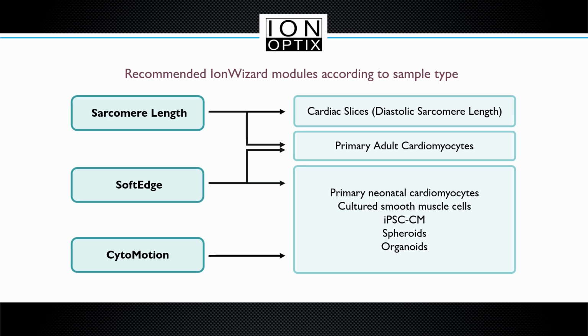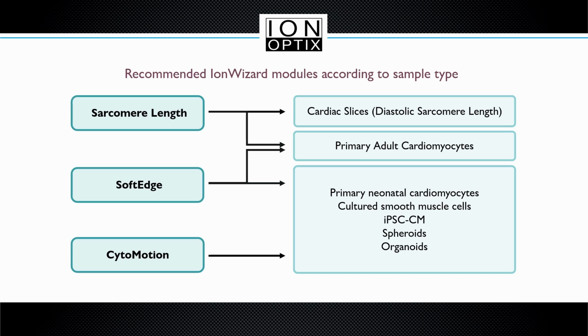While the sarcomere length module excels in detecting contractility in primary adult cardiomyocytes with clear sarcomeres, it's important to recommend the SoftEdge module as well. The reason is that in certain cases, such as when working with diseased models, isolated primary adult cardiomyocytes may not exhibit distinct sarcomeres.